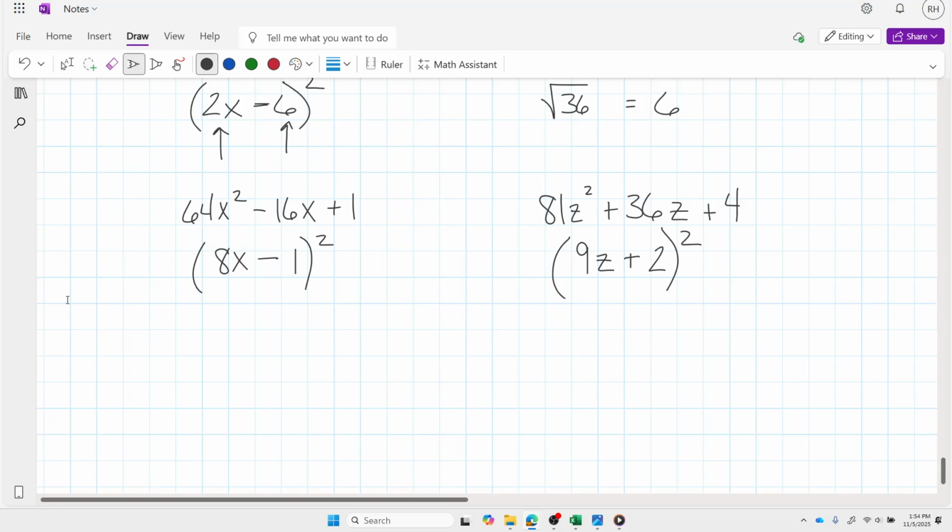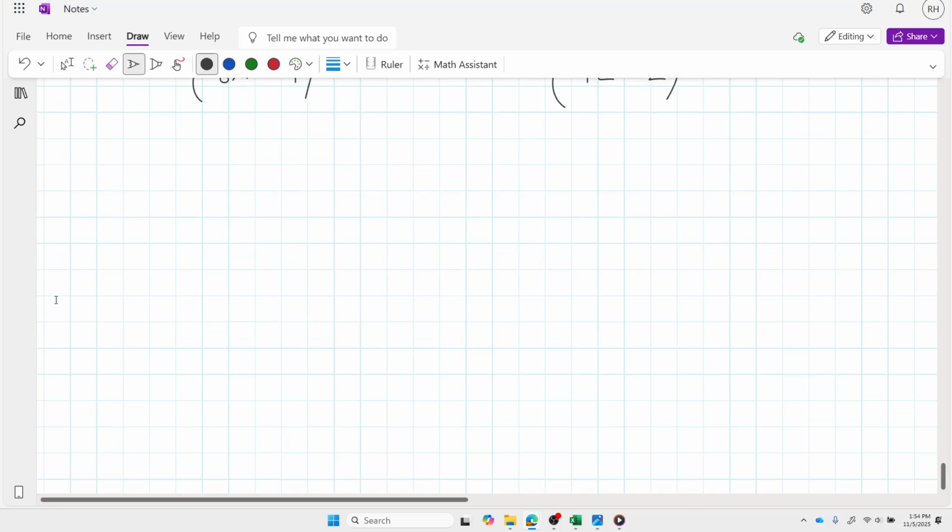All right, then the last thing you're going to factor is the difference of two squares.